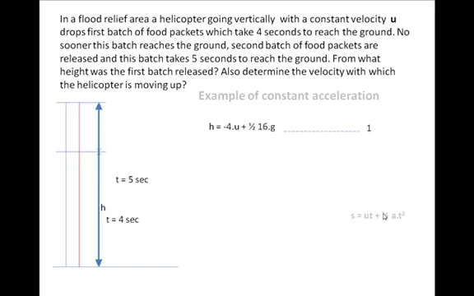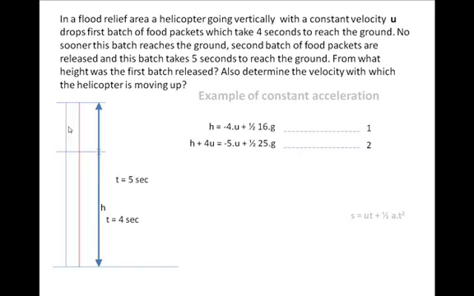So I basically applied this equation out here. The minus sign is there because the packets are going down along the gravity, and the velocity of the helicopter is up, so that's why the minus sign. Now after 5 seconds, what happens?